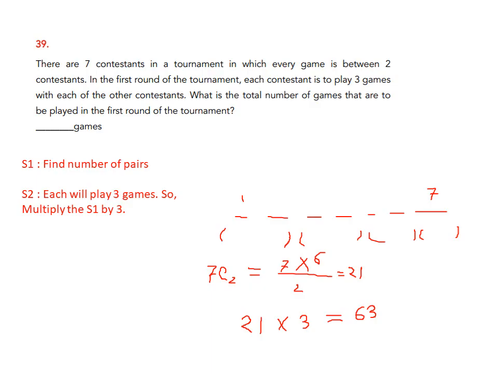So what are the steps? Find the number of pairs, that is 1,2, 2,3 or 1,3, 1,6. Each pair will play 3 games. So multiply the number of pairs by 3 and I got the answer, that is 63.